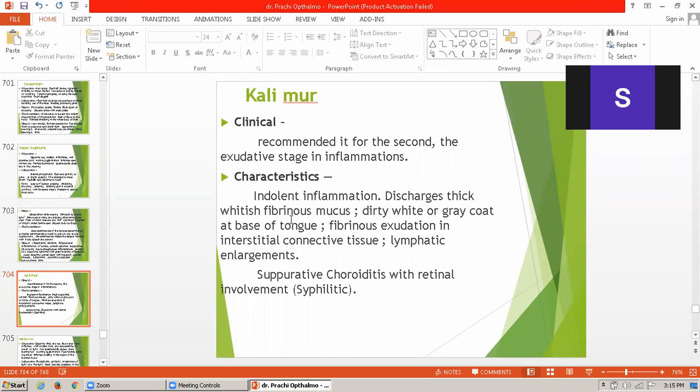Discharges are thick, whitish, fibrinous, mucus, dirty white or grey coat at the base of the tongue. Then there is a fibrinous exudation in the interstitial connective tissue and lymphatic enlargement. So there is a suppurative choroiditis with retinal involvement, that is syphilitic. So this is all about Kali mur.